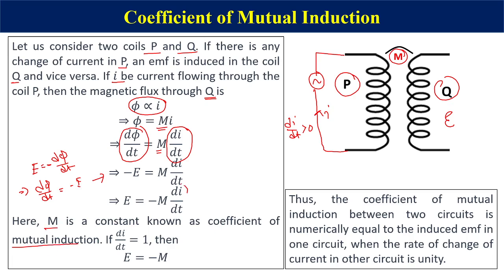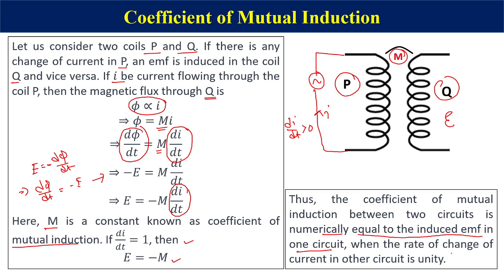If I consider this quantity di/dt to be equal to 1 ampere per second, then E is equal to minus M. Thus the coefficient of mutual induction between two circuits is numerically equal to the induced EMF in one circuit when the rate of change of current in the other circuit is unity.